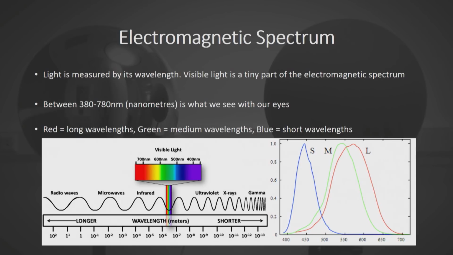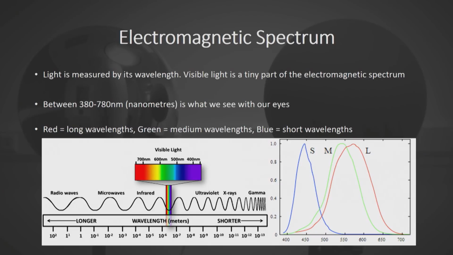This is between about 380 to 780 nanometers. And remember, this is continuous wavelength data, right? But we're able to distinguish between red, greens, and blues because they have different wavelengths. So red tends to be longer, green tends to be medium wavelengths, and shorter wavelengths end up looking more blue.